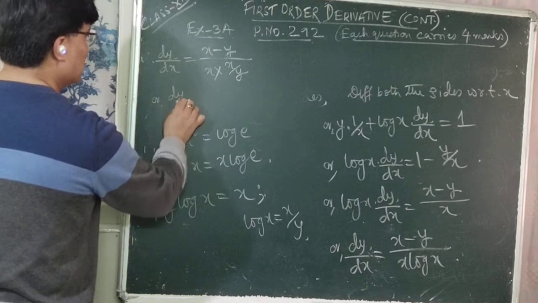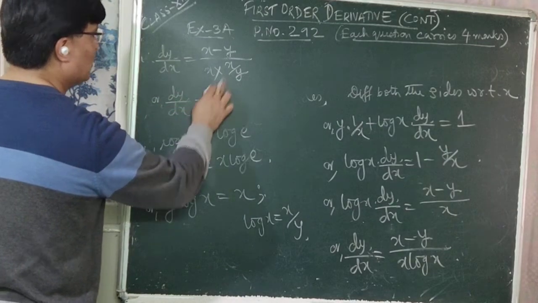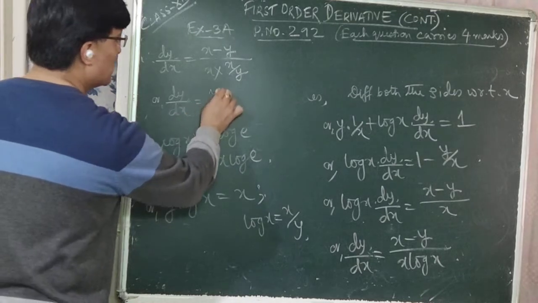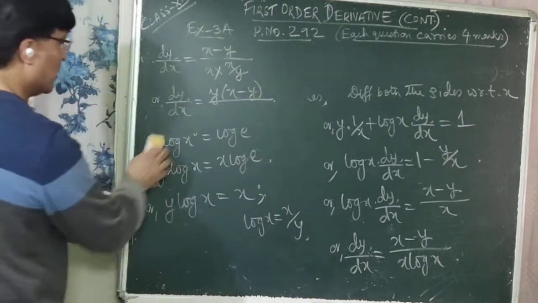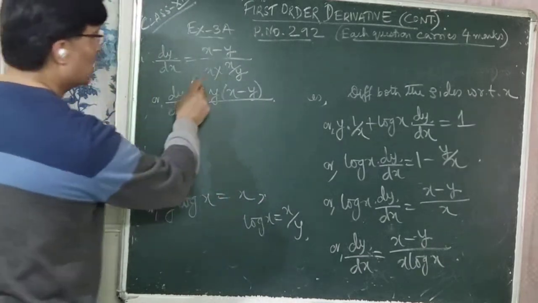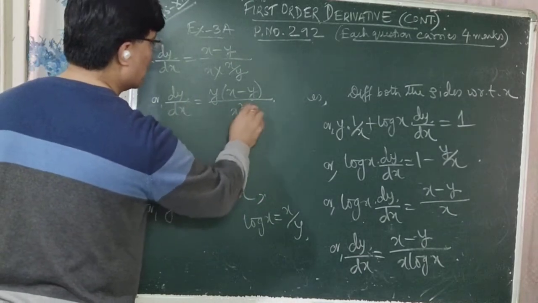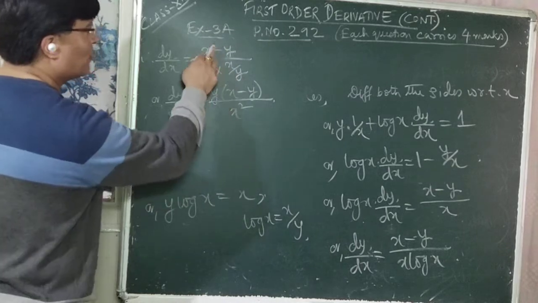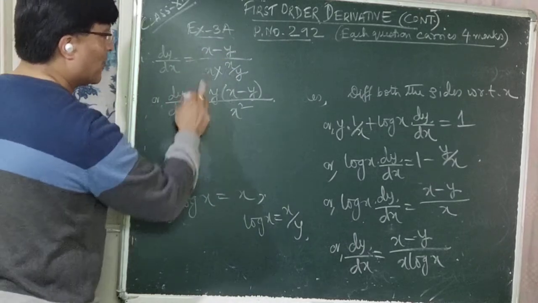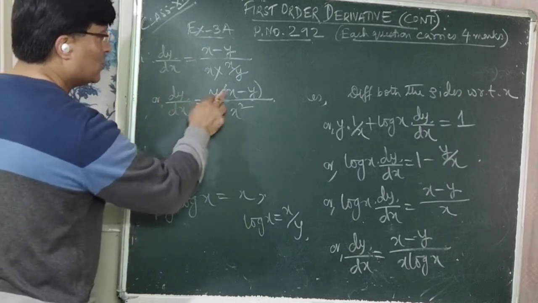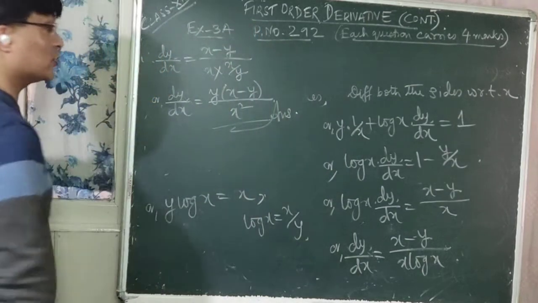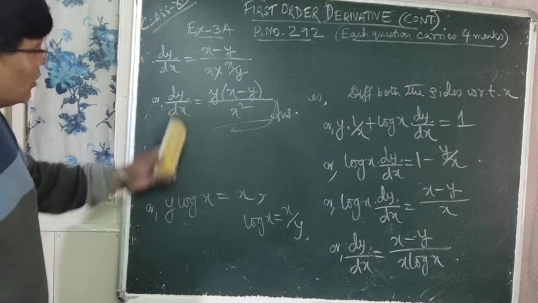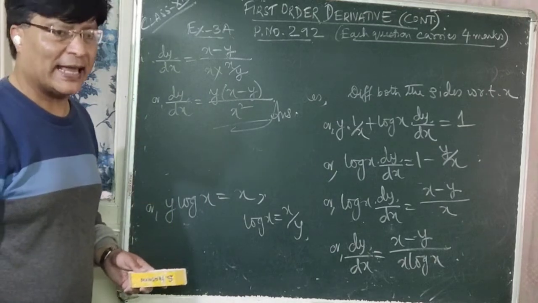Or dy by dx is equal to, now y goes up in the numerator when you simplify it, so y into (x minus y) whole divided by, what is x into x? x square. That is, y goes up in the numerator and it is multiplied by x minus y. That is y into (x minus y) whole divided by x into x is x square. So you can write it. You can also write down this as an answer.